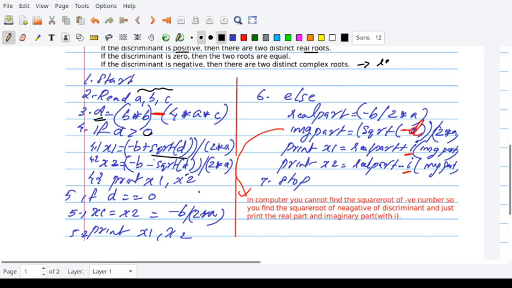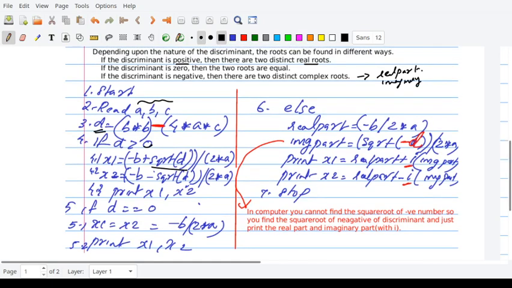It will have both a real part and an imaginary part. So the real part is given by minus b by 2a and the imaginary part is given by square root of negative of discriminant divided by 2 star a.